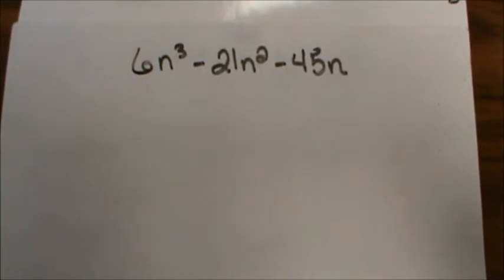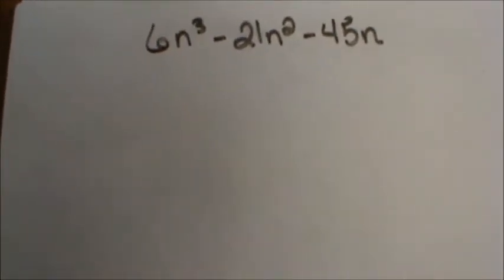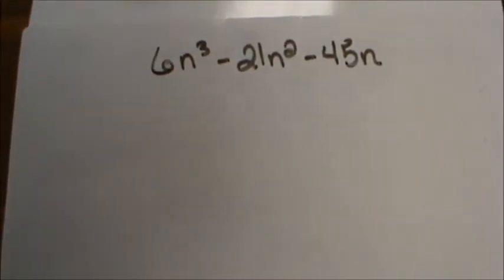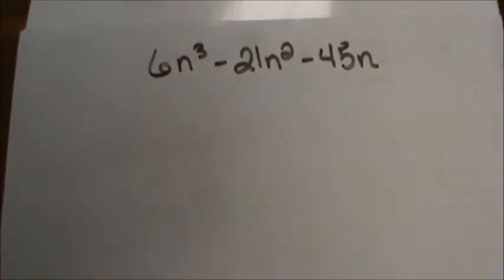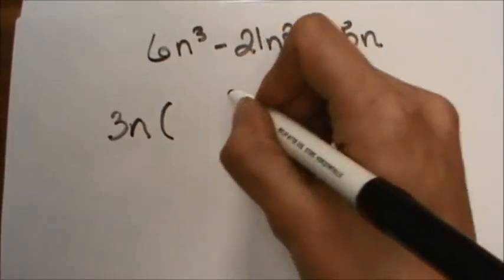Okay, we need to determine what way of factoring we can use in this problem. To start, the easiest thing to do is first factor out the greatest monomial factor, which this one has in common to all. I believe it's 3 and n. That needs to be factored out first.